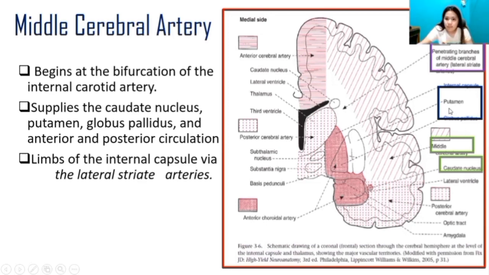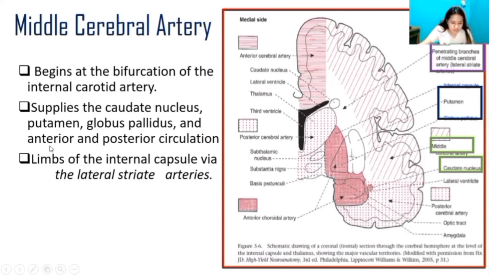Here is the putamen. Yan. The middle cerebral artery supplies the caudate nucleus, putamen, globus pallidus, and the anterior and posterior limbs of the internal capsule via the lateral straight arteries.